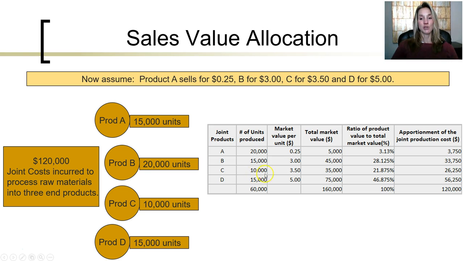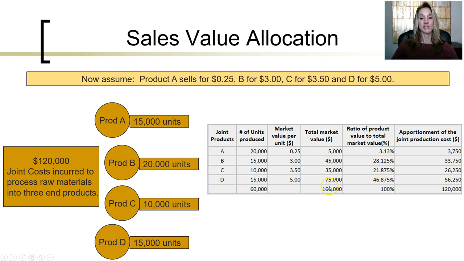C, 10,000 units at a sales value of $3.50 per unit, total sales value of $35,000. D, 15,000 units at a value of $5 per unit, total market value $75,000. The total market value of all products produced is $160,000.